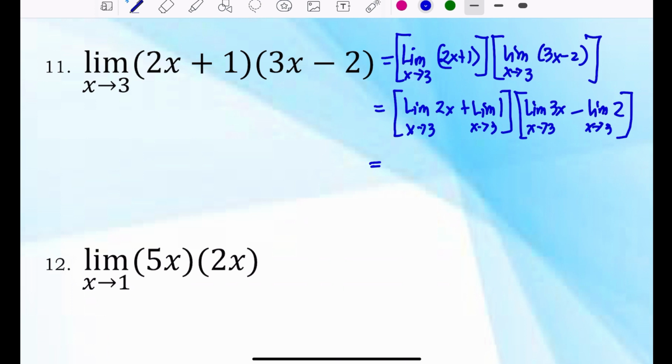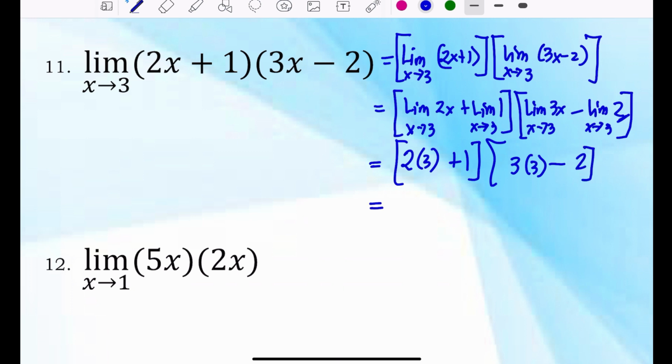So this will become the limit of 2x where x approaches 3, that will become 2 times 3, plus the limit of 1 where x approaches 3, the limit of a constant, which is equivalent to 1. The limit of 3x where x approaches 3 will become 3 times 3 minus the limit of 2 where x approaches 3. This is the limit of a constant, so the limit of 2 is equivalent to 2.